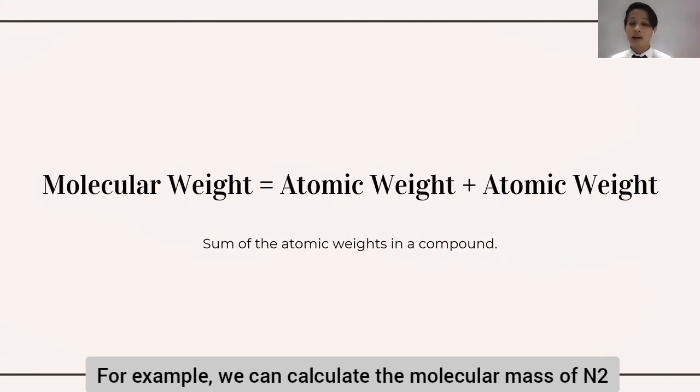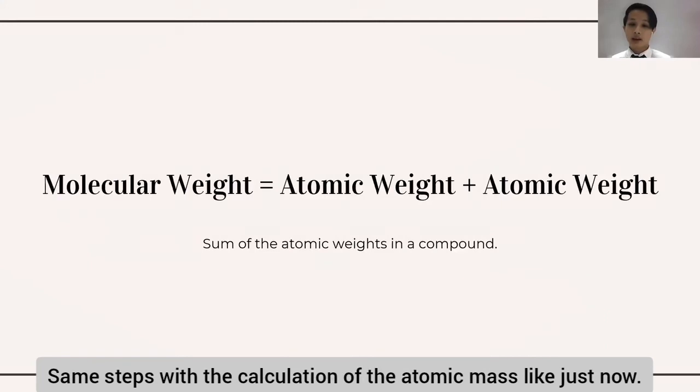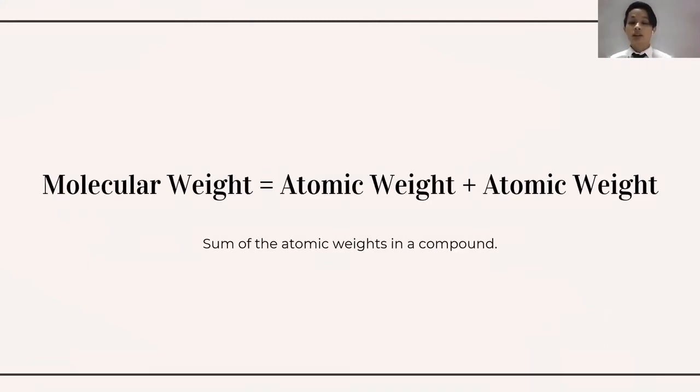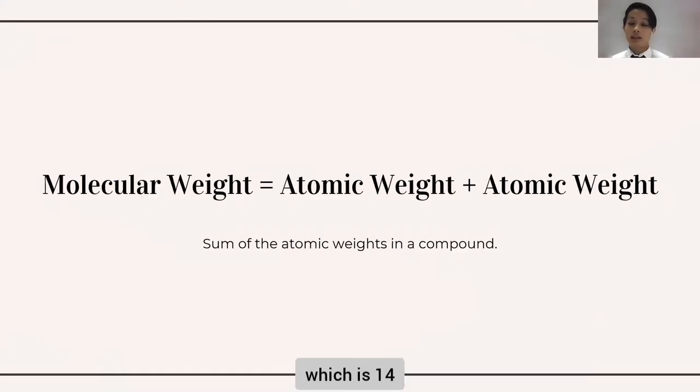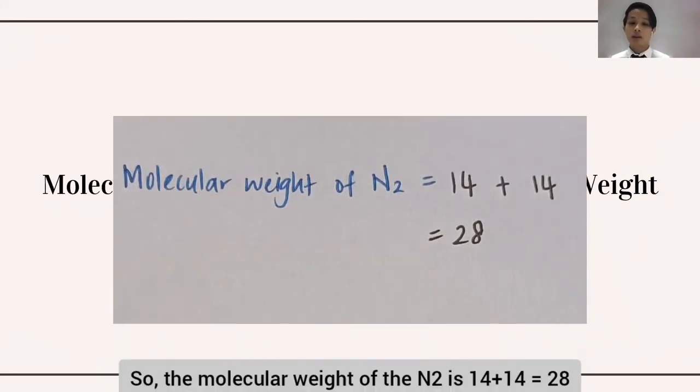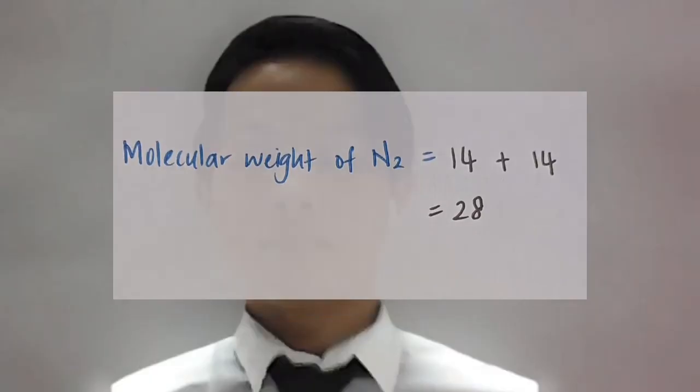We can calculate the molecular mass of N2, following the same steps as the calculation of the atomic mass just now. After we know the atomic mass of nitrogen, which is 14, the molecular weight of N2 is 14 plus 14, which equals 28.